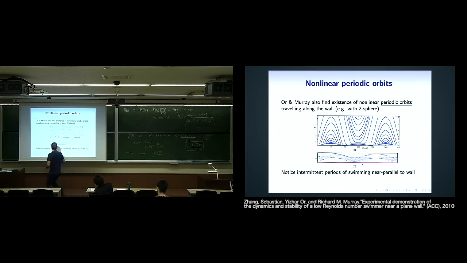And this was a nice phase portrait. This is distance from the wall against the orientation. You see this point in the center, that corresponds to the steadily translating orbit. If you're a dynamical systems person, this is a stable center. It will just travel at constant speed.